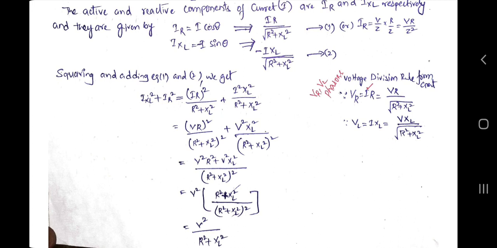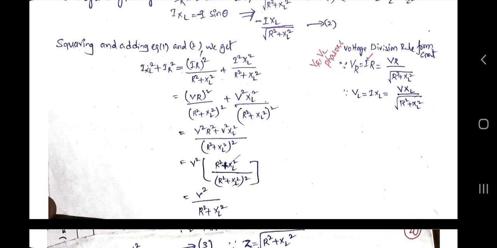V square is common, so the numerator gives R square plus XL square by R square plus XL square whole square, and that cancels. So V square by R square plus XL square is left. Already you know that VR is equivalent to IR, so from that relation V into R by root of R square plus XL square.